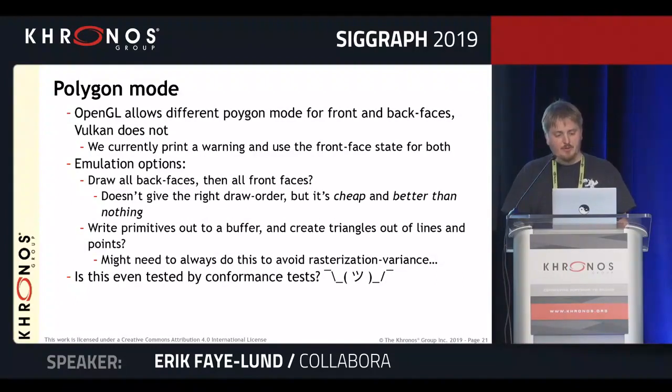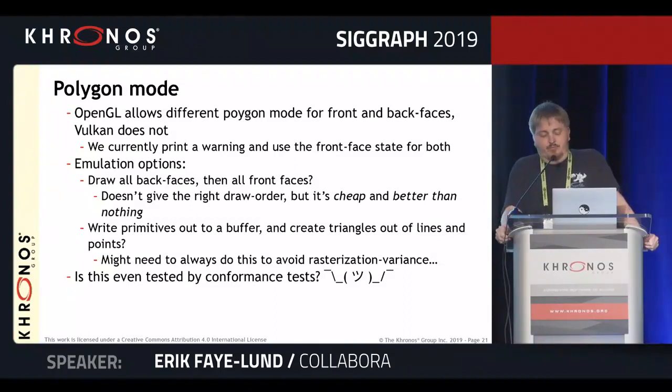For the polygon mode, I don't really have a good fix. OpenGL can render front faces and back faces with different draw modes. They can expand to lines for a front face and fill for a back face. Vulkan doesn't have that.